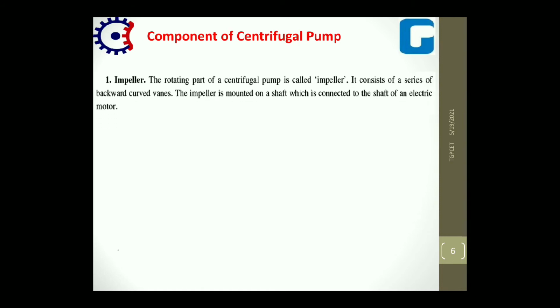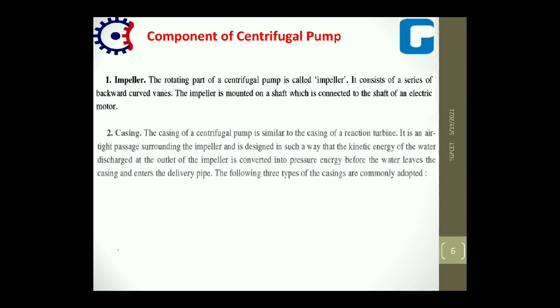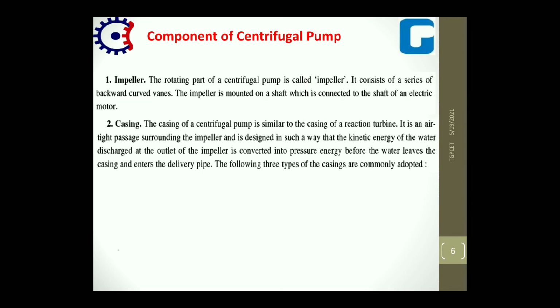First is impeller. The rotating part of a centrifugal pump is called impeller. It consists of a series of backward curved vanes. The impeller is mounted on a shaft which is connected to the shaft of an electric motor. And second is our casing. The casing of a centrifugal pump is similar to the casing of reaction turbine.